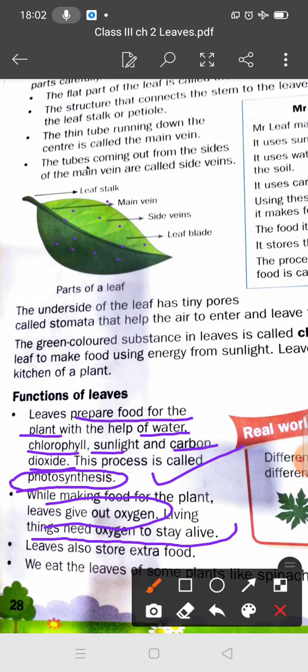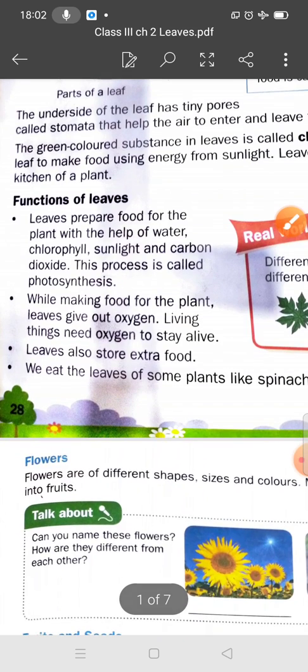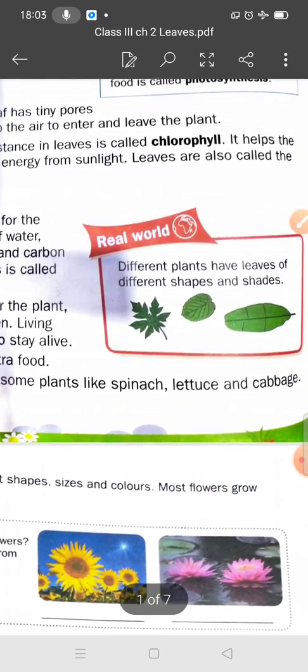And you know, leaves also store extra food and are eaten as food. Can you give an example of some leaves that are eaten by us?